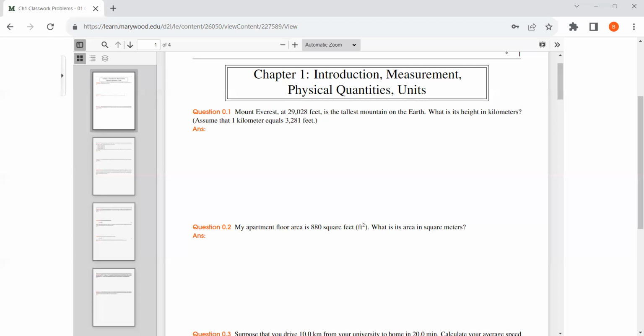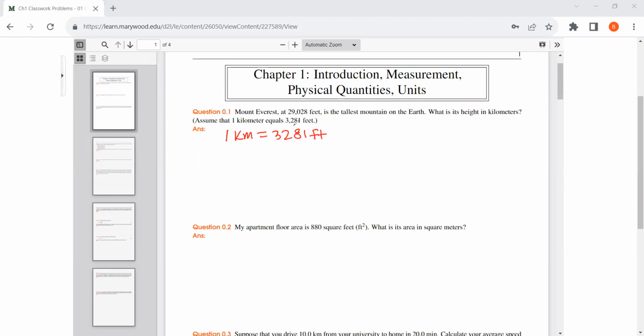And in the textbook it gives us this relation: 1 kilometer is equal to 3,281 feet. So this is the relation the textbook gives us.